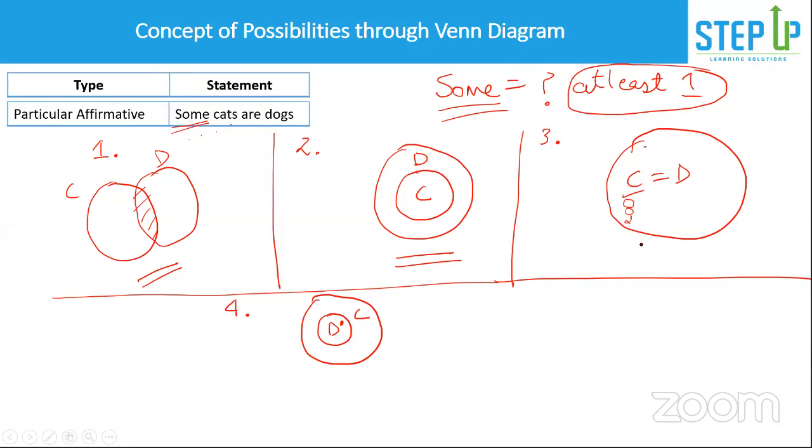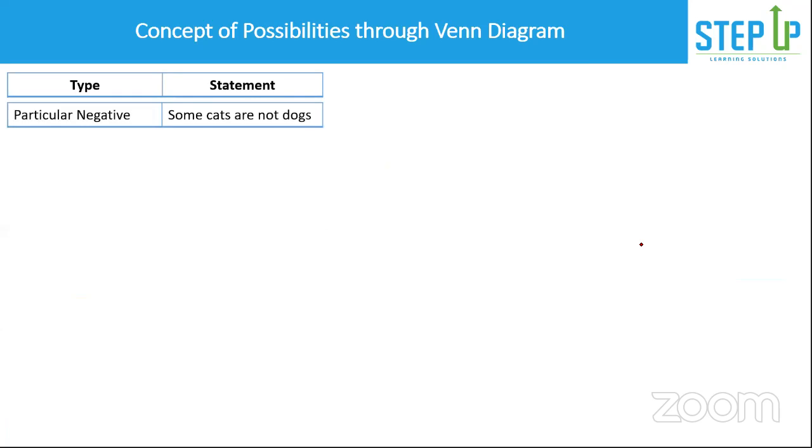Okay, now guys, I will move to the final type of statement, and I want you to draw diagrams for it. The final statement would be particular negative. Now I want you to draw how many diagrams are possible for this particular one. Will there be 1, 2, 3, 4? How many possible diagrams are there?